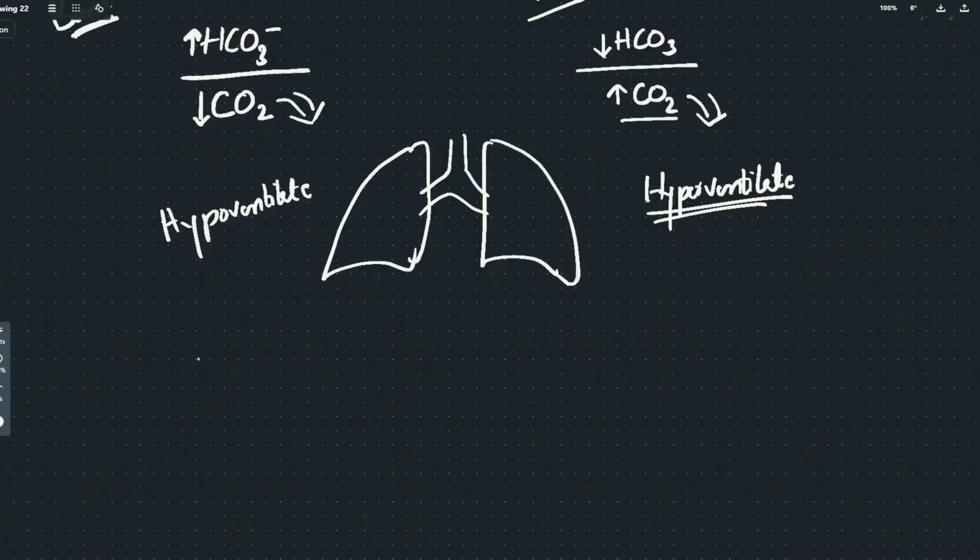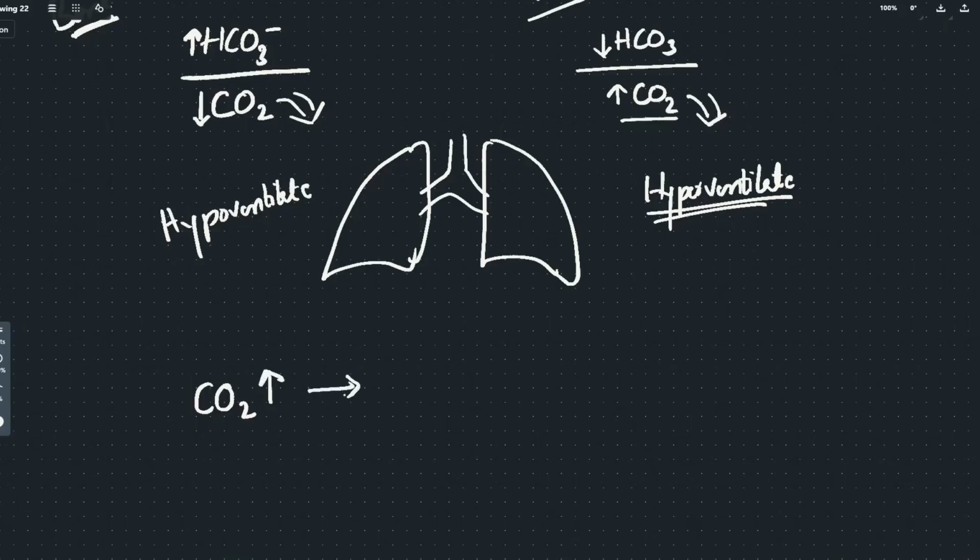But let's suppose there is severe asthma or anything related with the respiratory system such that CO2 is being retained. It means the CO2 level will be high due to the respiratory system itself.